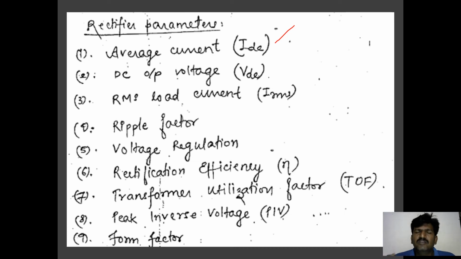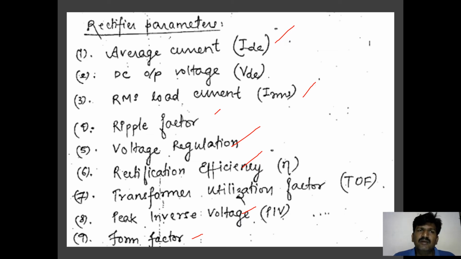It means we consider current and voltage in DC only. Then RMS load current, ripple factor, voltage regulation, rectification efficiency, peak inverse voltage and form factor. These are the parameters we are going to discuss in the half wave rectifier.